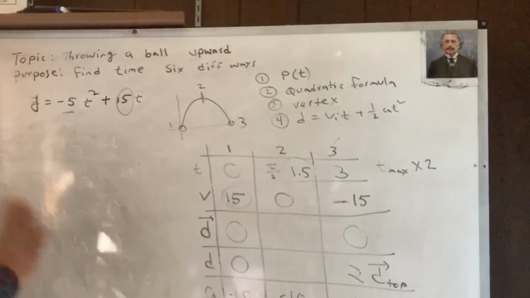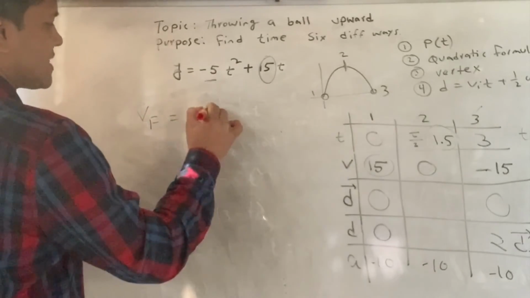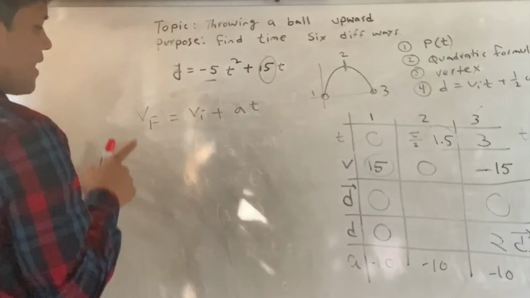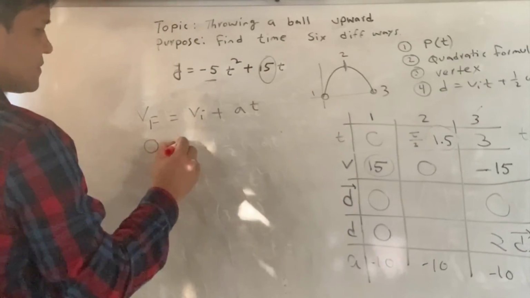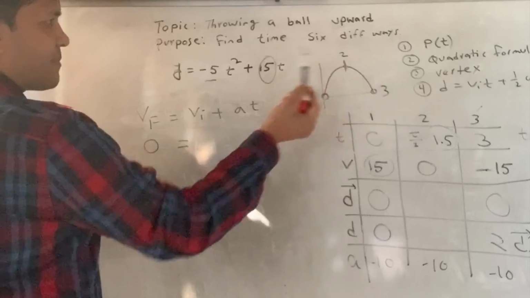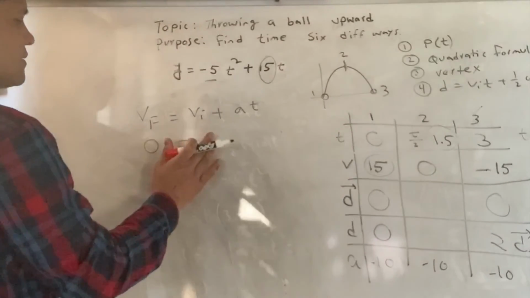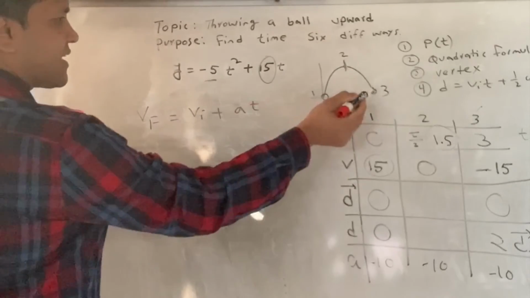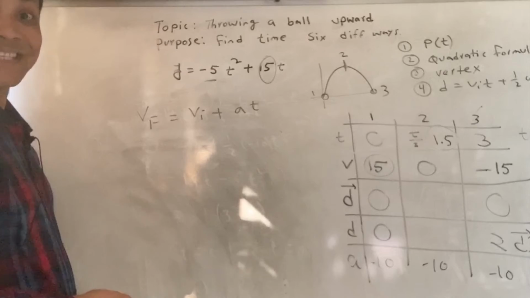Now let's see whether you can use the formula Vf equals Vi plus at. Vf at maximum height is 0, so this gives you the time at the maximum height. But you can do it the other way. You can say Vf is negative 15, and then this gives you the time for the entire trip.